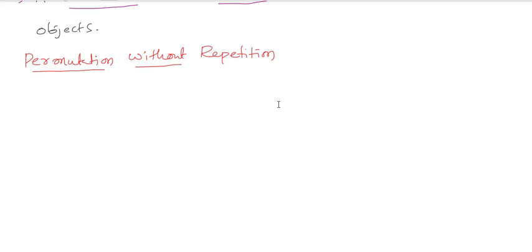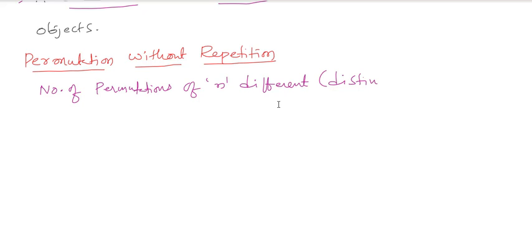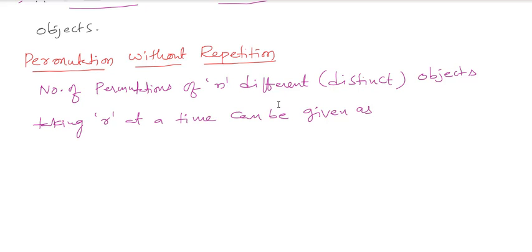Here you have to take it as the number of permutations of n different or distinct objects taking r at a time can be given as nPr, which is n factorial divided by n minus r factorial.